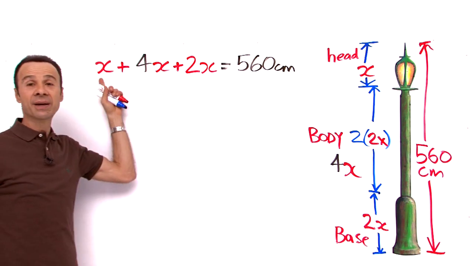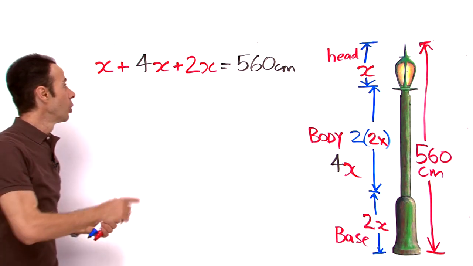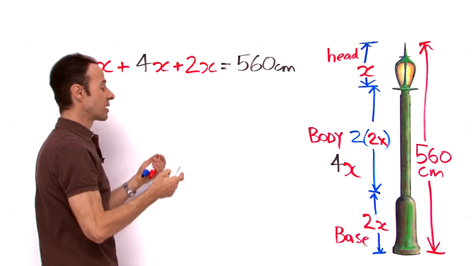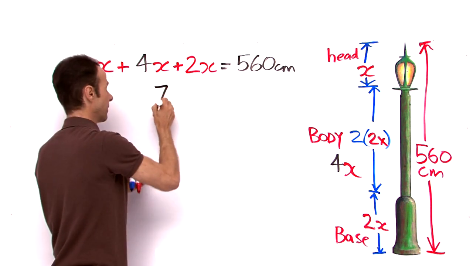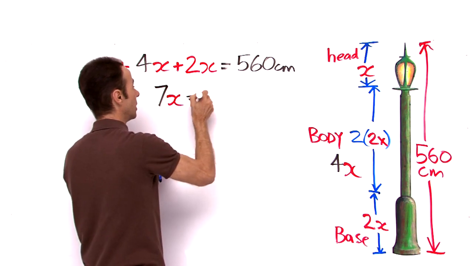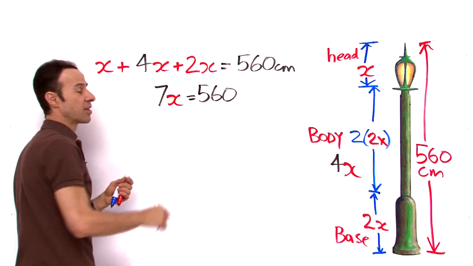Okay, all we have to do now is collect like terms, and you can see all the x's there. We have x plus 4x, that's 5x, plus another 2x gives us 7x. So we have 7x, and that equals 560 centimeters.